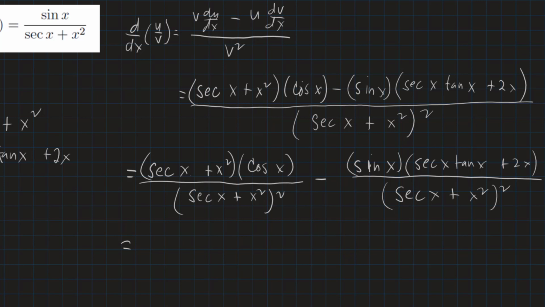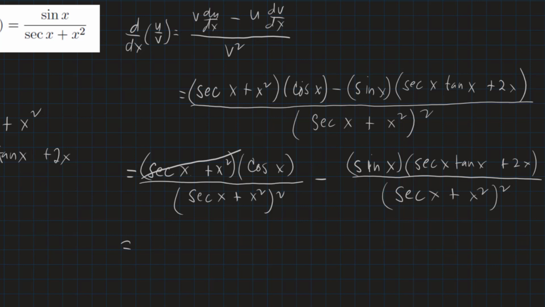Then we can cancel out. So ito, kung mapapansin ninyo sa left side, pwede mo i-cancel out kasi parehas naman itong dalawang ito. So magiging 1 yung kanyang exponent.